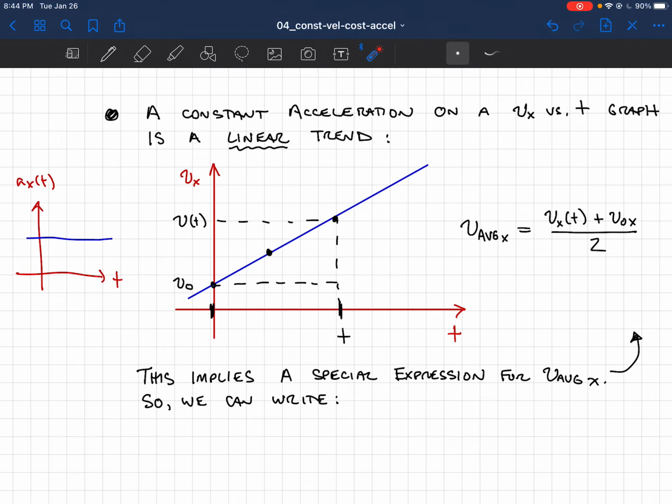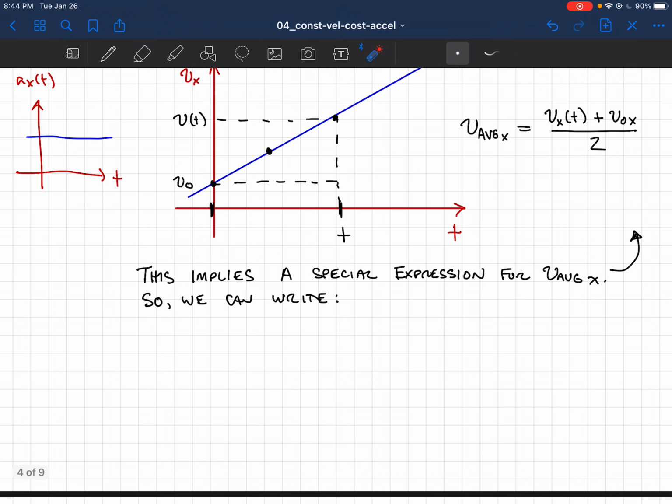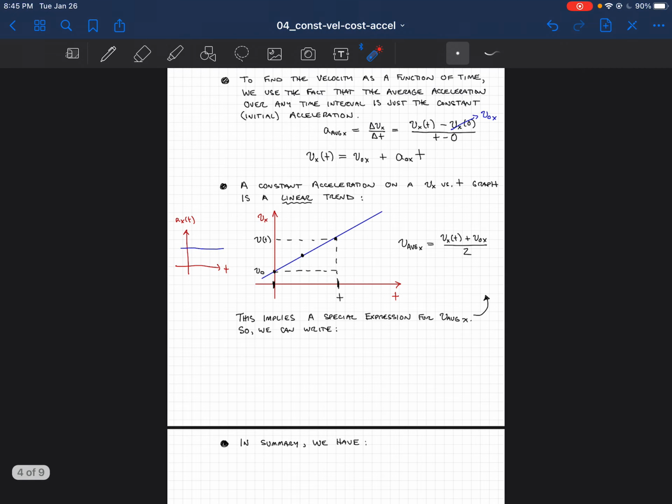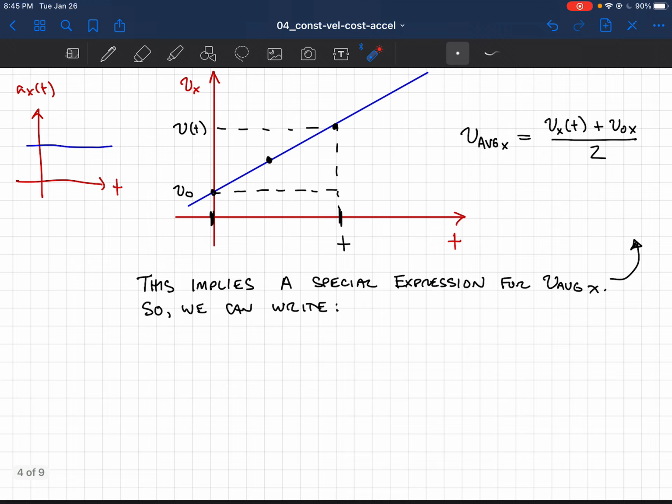So what do we get from that? Well, let's see. If we want to express that using the other equation, then we have v average x is equal to vx of t plus v0x all over 2.